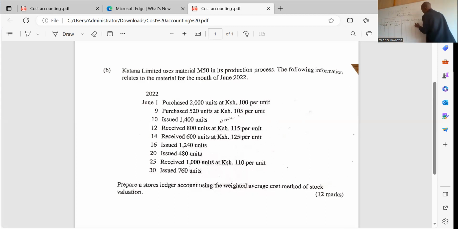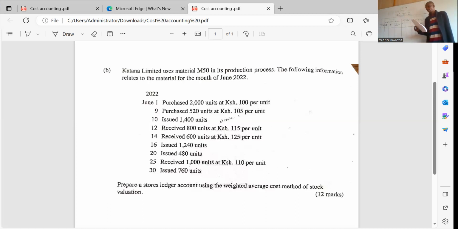The unit price is 100, and the value is 200,000. So for each day, you are aligned. We are done with that, and we go to the next item.